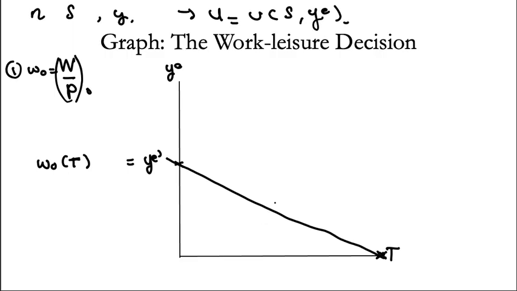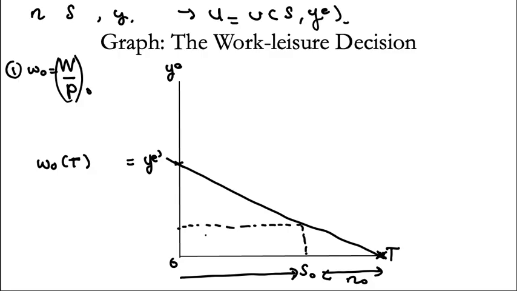Now let's say this individual household spends his leisure at this particular S naught, from here to here. So working is only this much, and therefore the income received is here.